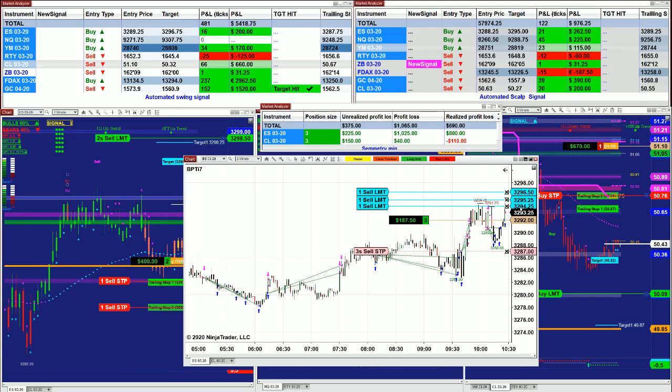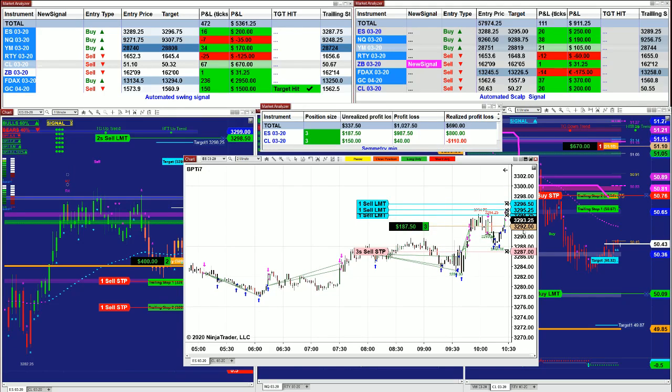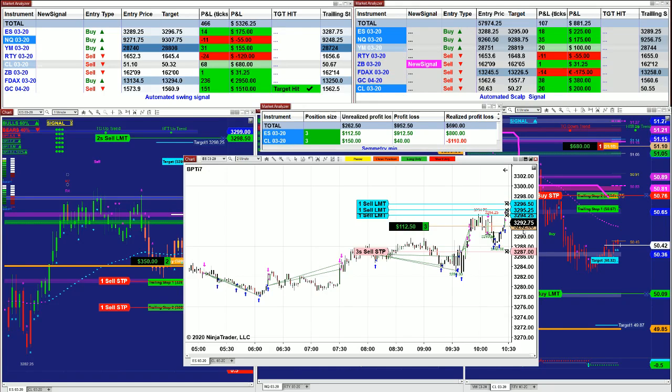The ES made 737 at the start, and now we are about to climb to $1,000 on the ES, and we are done with the symmetry automated trade.